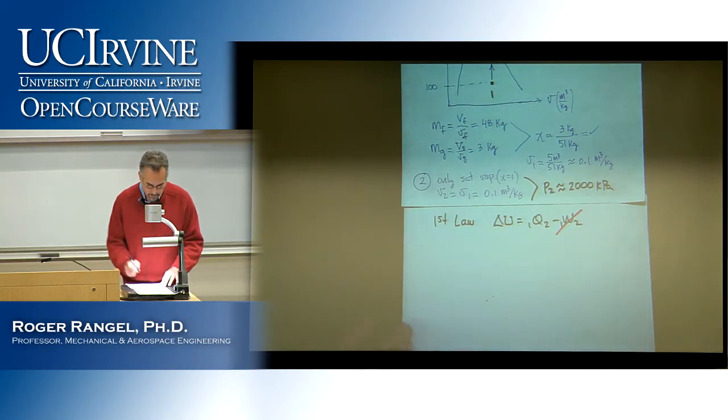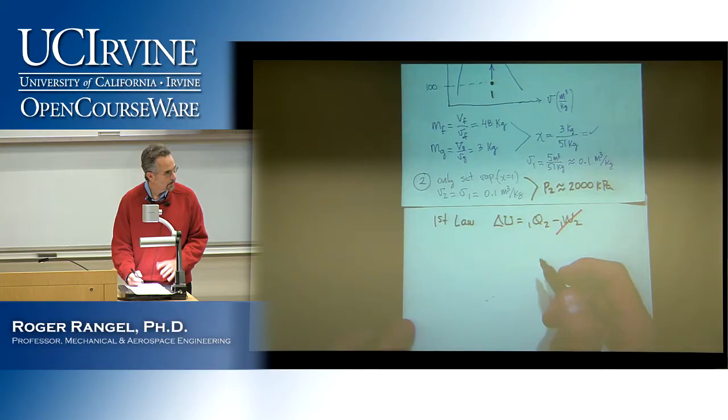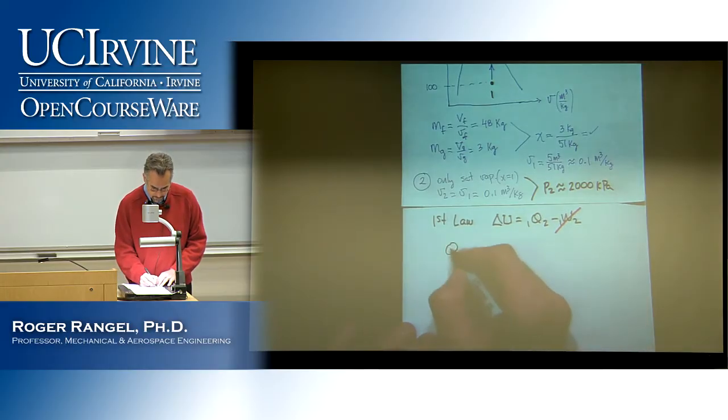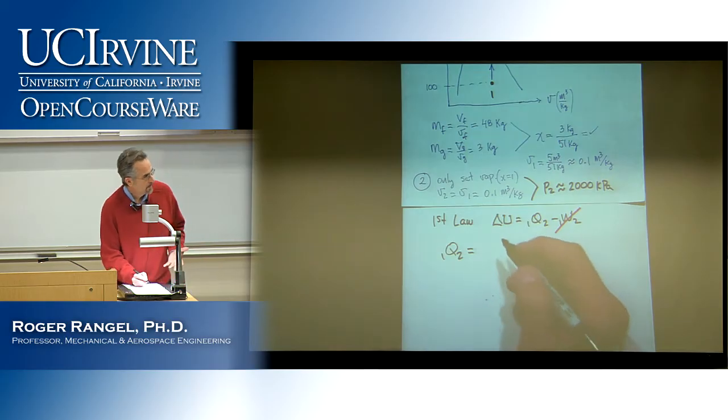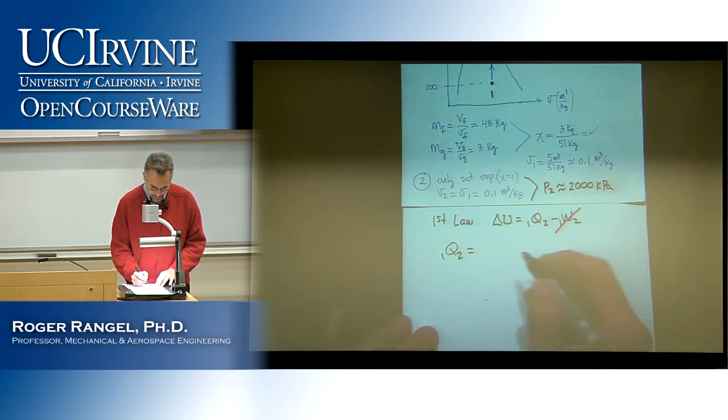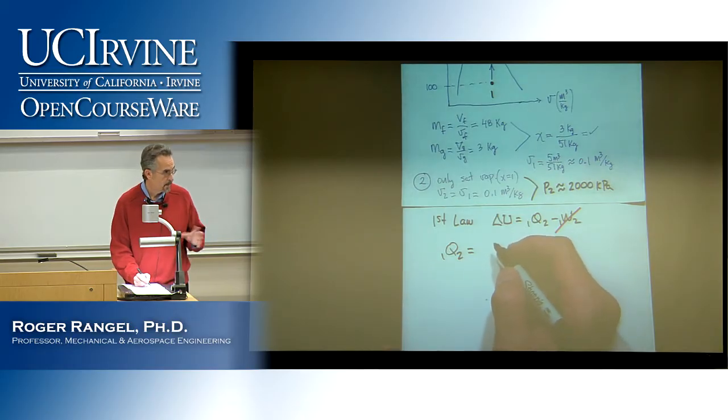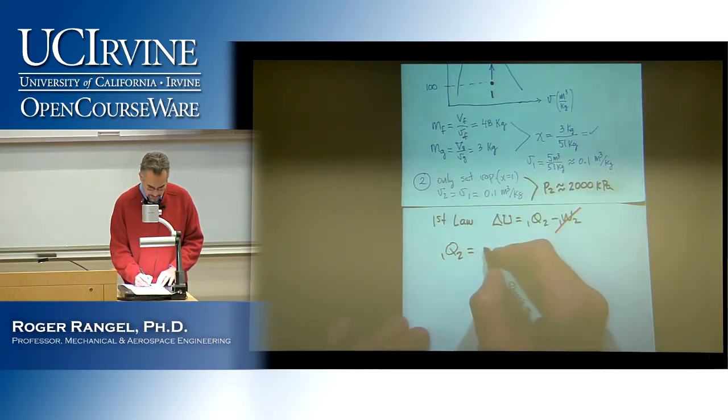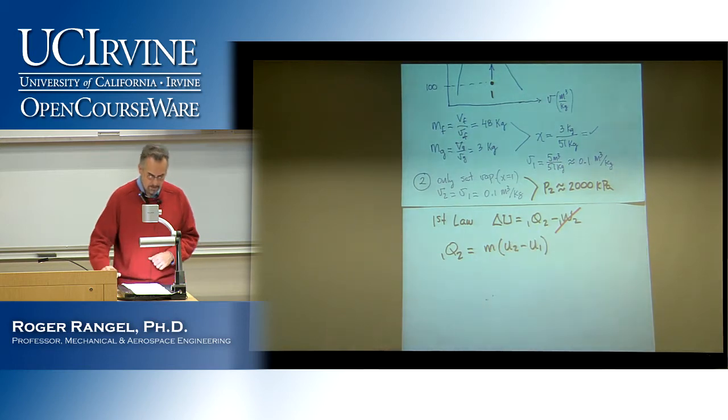So Q12 is simply delta capital U. So Q12, always write it in terms of the intensive properties. So this is going to be the mass, which is constant in this problem. It's a closed system. So the mass times U2 minus U1.